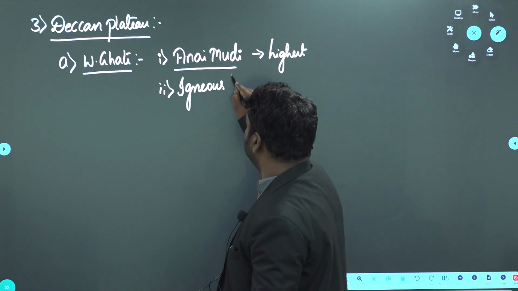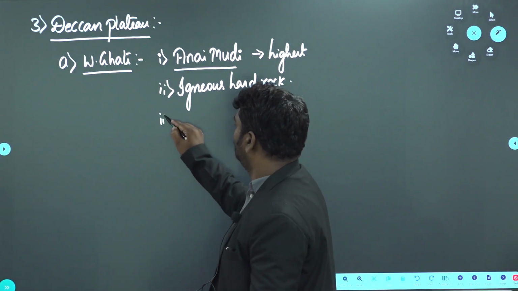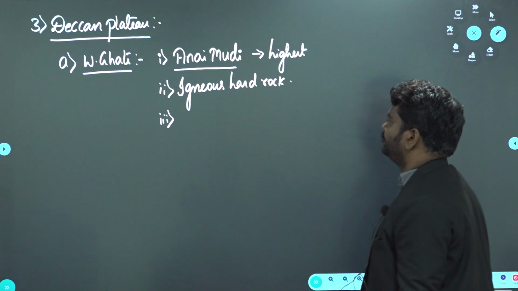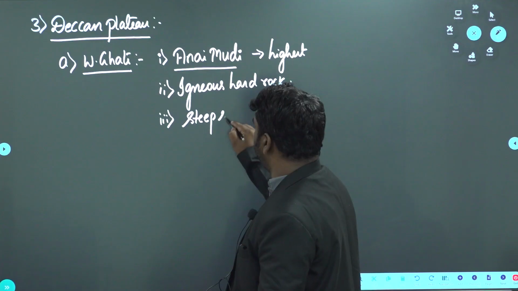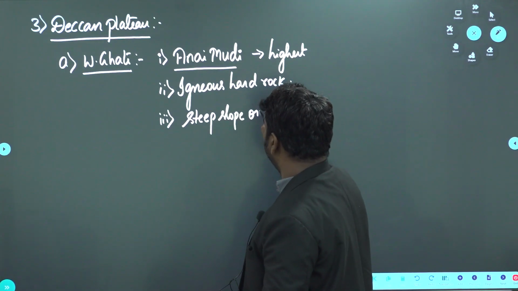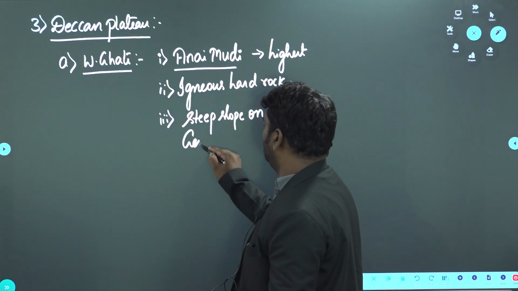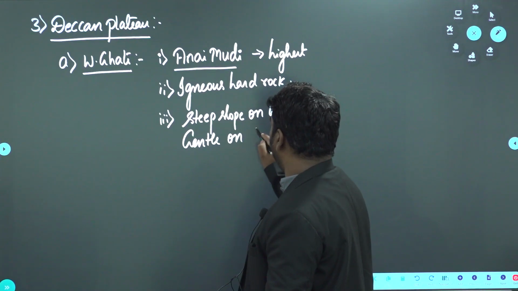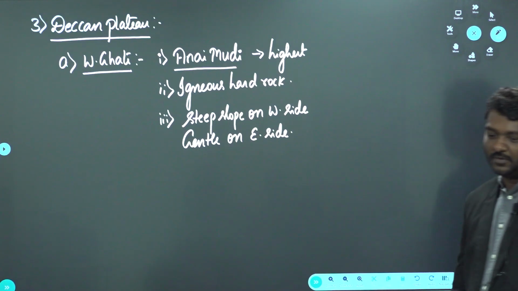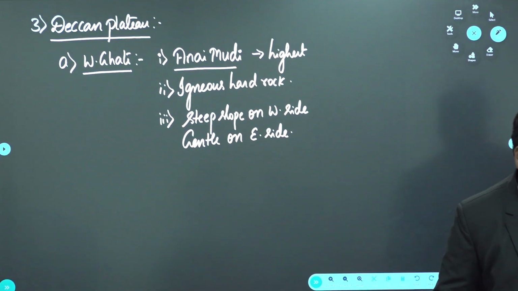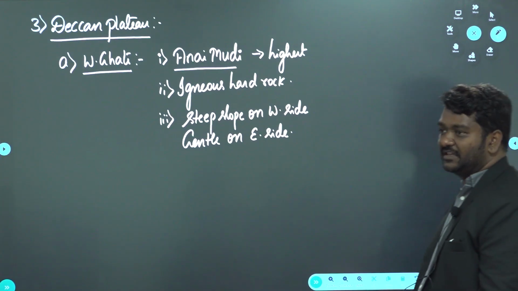Made up of igneous hard rock. Steep slope on western side. Gentle on eastern side. Possibility of asking question is there because of Wayanad floods, right? Kerala landslides, floods.